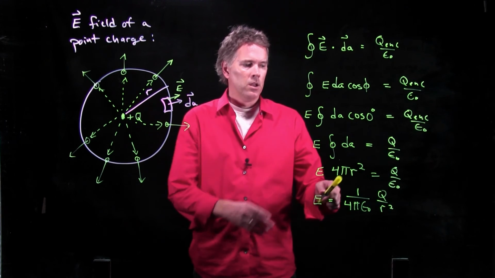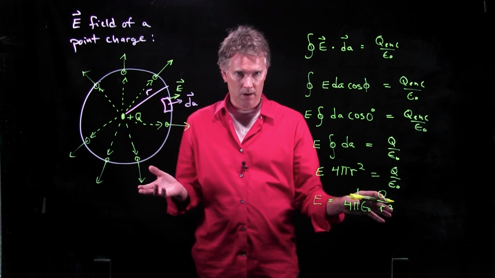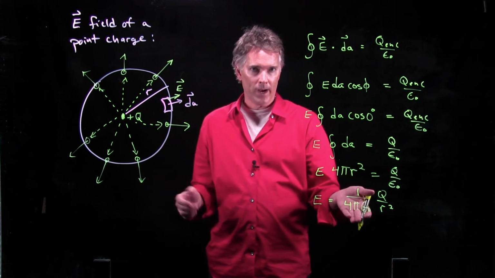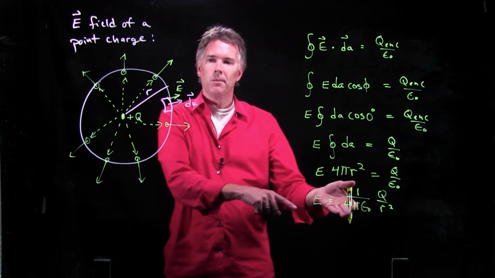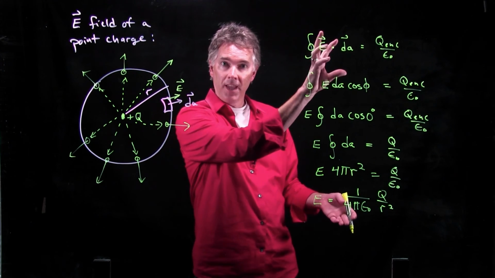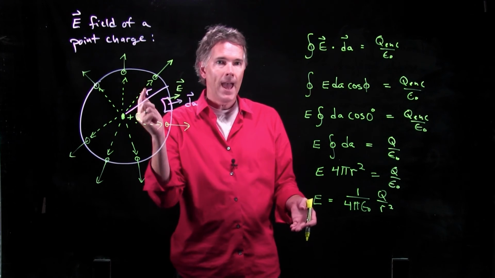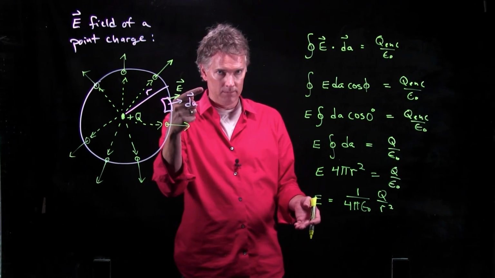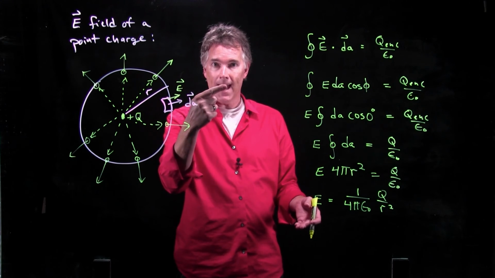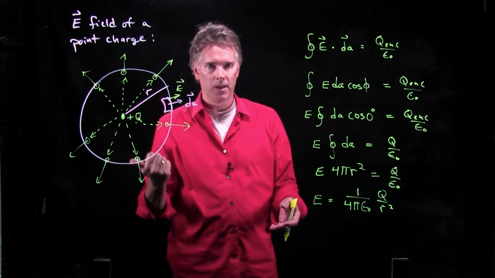Now, you look at this answer and you say, okay, that looks right, except I don't have any direction there. Where do we get our direction from? The direction comes back from the symmetry in the problem. When we first wrote this down, we said the symmetry of the problem means the electric field has to be pointing radial. It's either radially out if it's a positive charge, it's radially in if it's a negative charge.